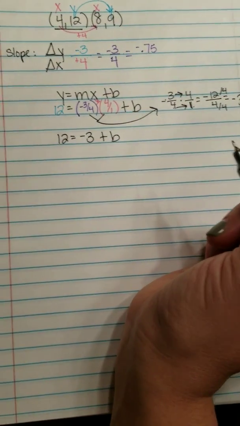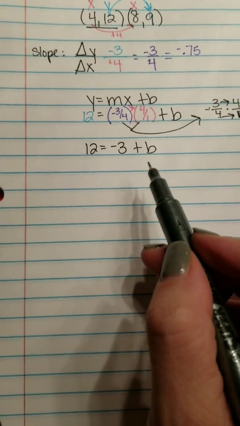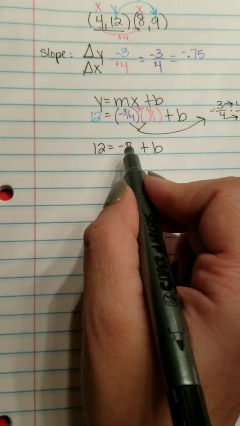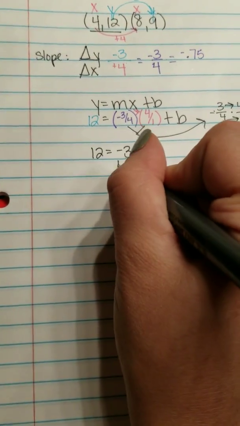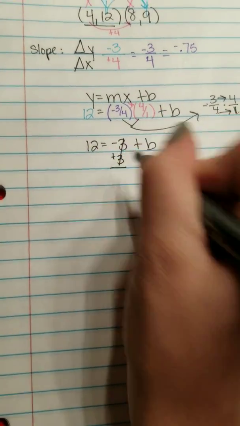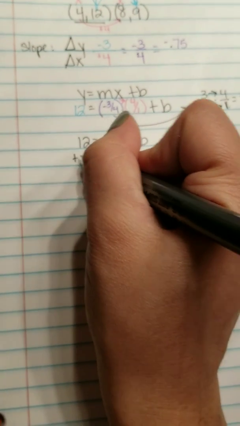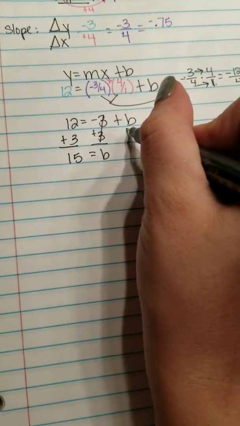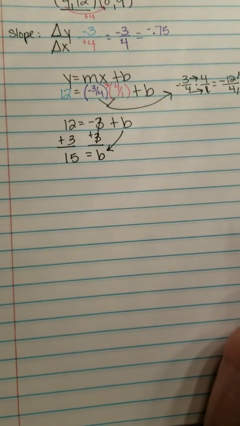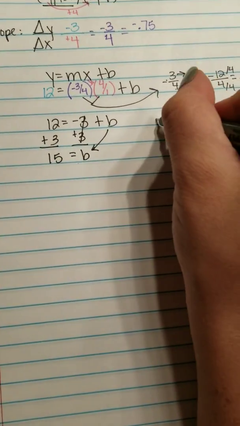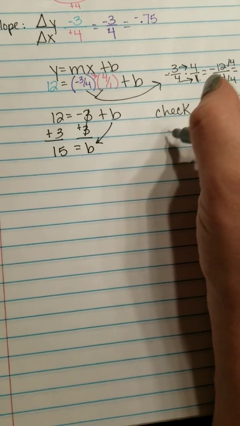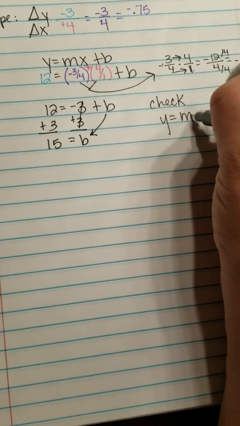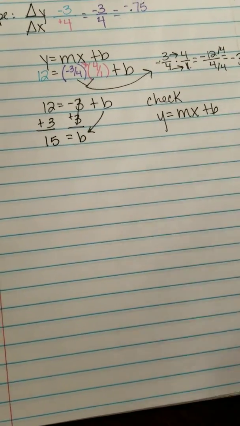I need to get the b all alone, and so I need to do the opposite of what this says. I'm going to add 3 to this side, and I clear that. And I'm going to add 3 to this side, and I get left with 15 is equal to b. I have to check that, so I'm going to check by writing out the equation again, y equals mx plus b.